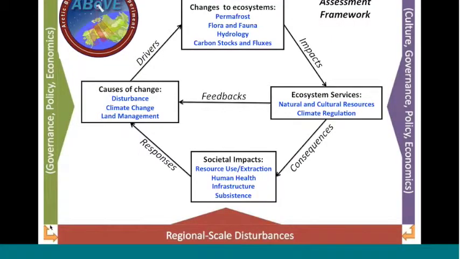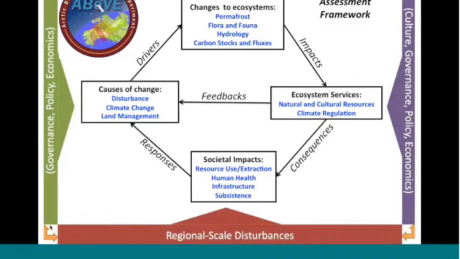Okay, so the next slide is what we are calling our vulnerability assessment framework. This graphic is out of our experiment plan, which I'll talk a little bit more about later.